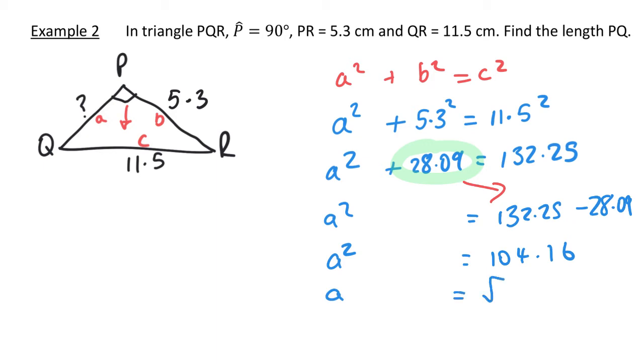A then is the square root of 104.16, which is 10.21 centimeters. Now let's check if that makes sense. What we were trying to find was a shorter side, and our answer is 10.2, which is smaller than the hypotenuse, so that looks as if it's a sensible answer.